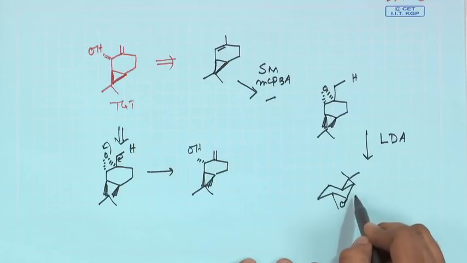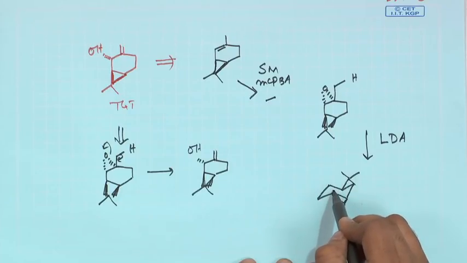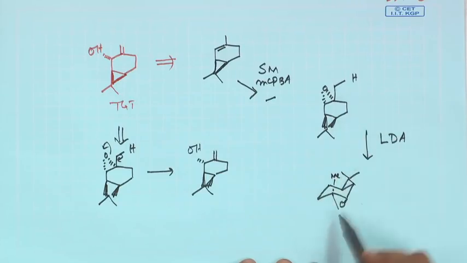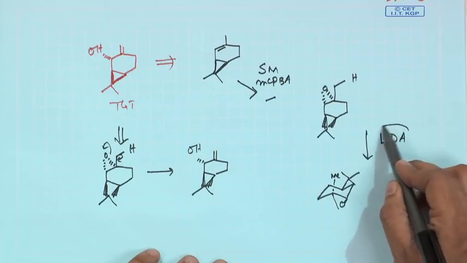This particular epoxide has this methyl. As the epoxide is below, the methyl has to be up. And we said that LDA might abstract a hydrogen.